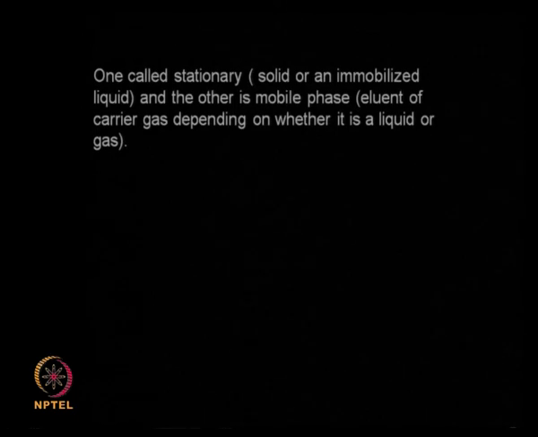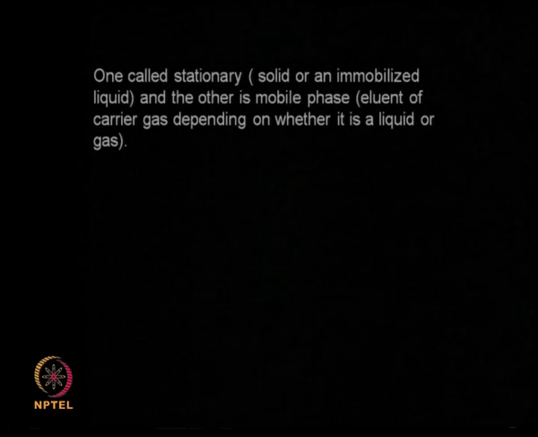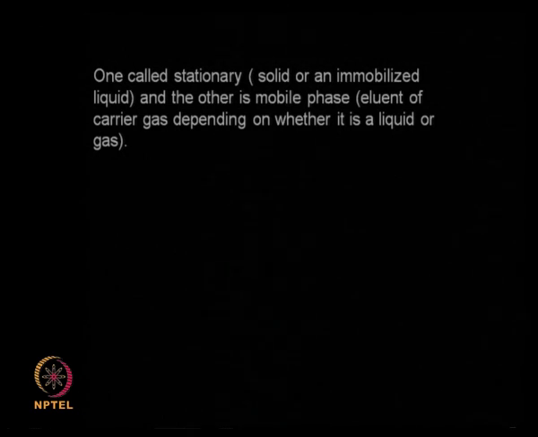And then you have a mobile phase, that means it could be a solvent or a mixture of solvents, it could be water and a miscible solvent or a totally immiscible hydrocarbon, and this is called a mobile phase. Your solution is also sent in through the mobile phase, which gets partitioned between the mobile phase and the stationary phase. Sometimes you can also have a gas as your carrier, then it is called gas chromatography, and you can have a liquid as a carrier, then it becomes liquid chromatography.